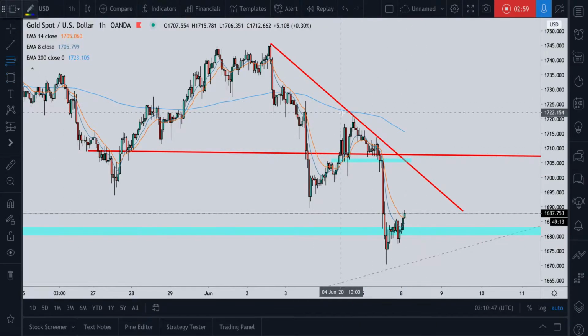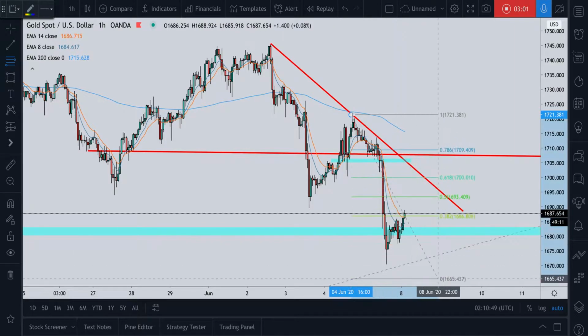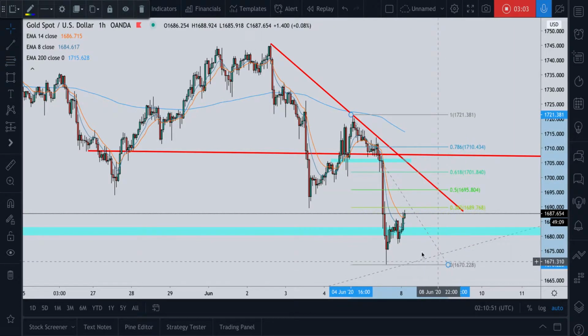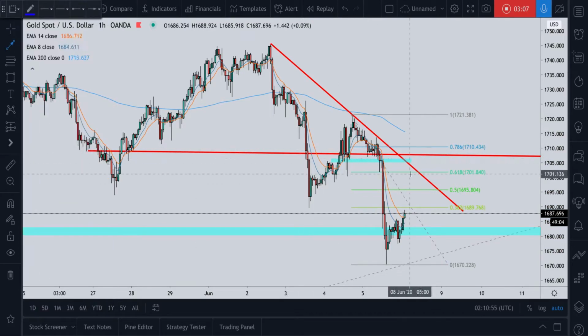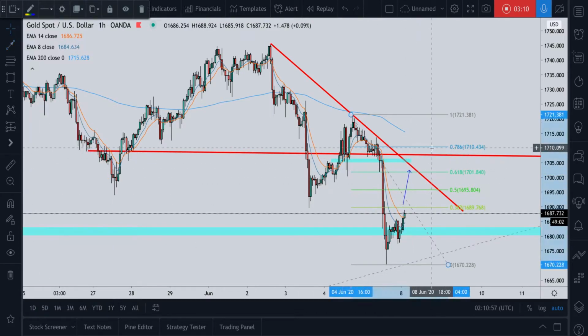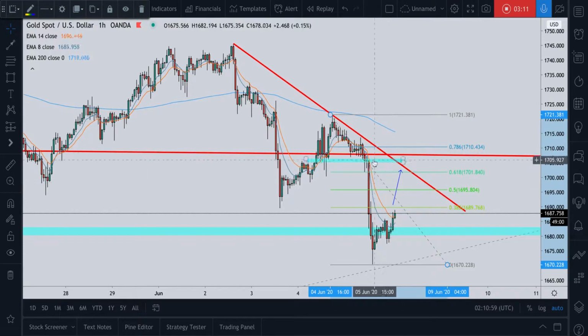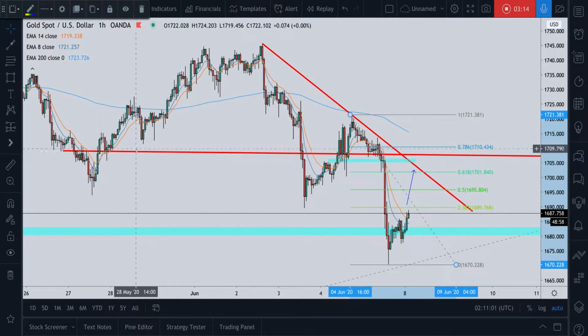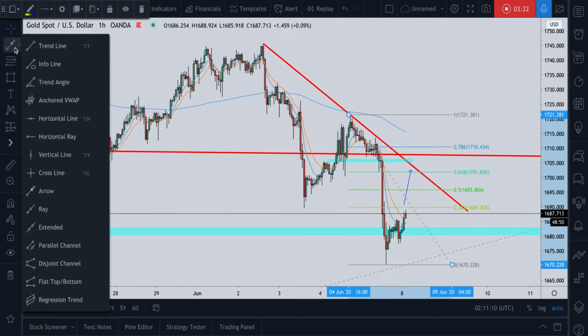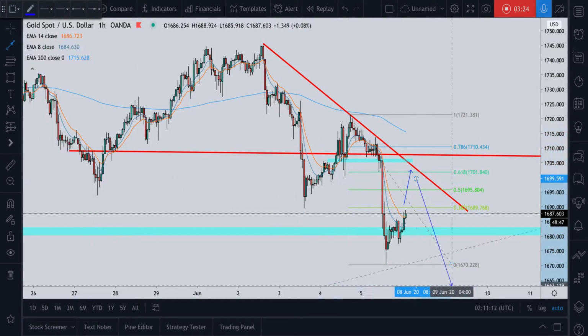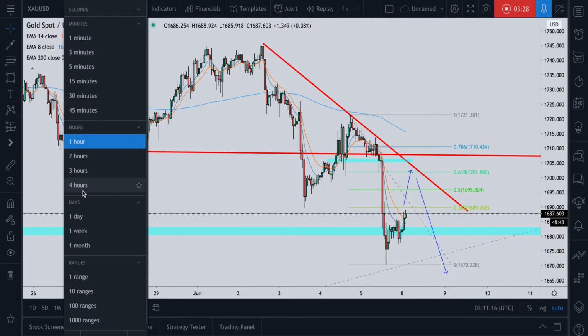So probably when you pull your fibs from this low to this high, we could see a potential good shorting opportunity from around this 61.8 Fibonacci, which is a key liquidity level, point of control in this level. We're seeing price rejecting at this level, rejecting here. After there's a support, then we had this meltdown to the downside. So I could see price all the way melting towards the downside. So a very good shorting opportunity.